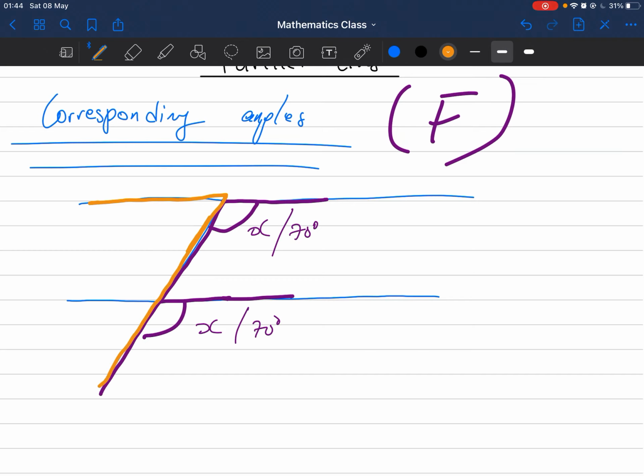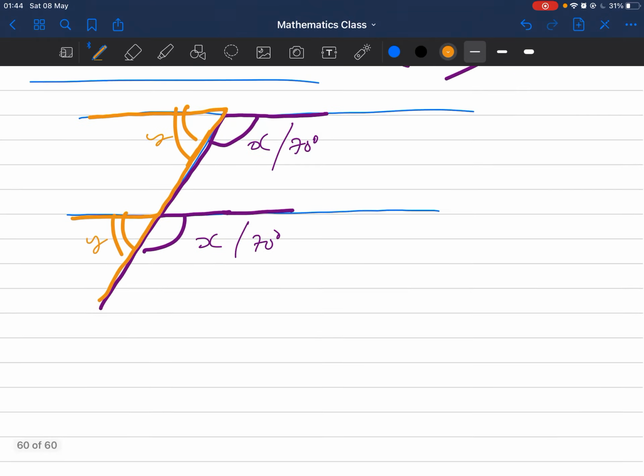It doesn't have to look in that direction, right? You could have another F looking this direction. It doesn't have to look like the real F, but it could look that direction as well and still apply the same theorem that says these two angles are equal, right? So if this is y, therefore this is going to be y.